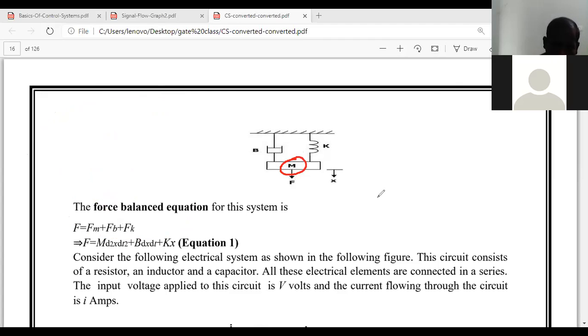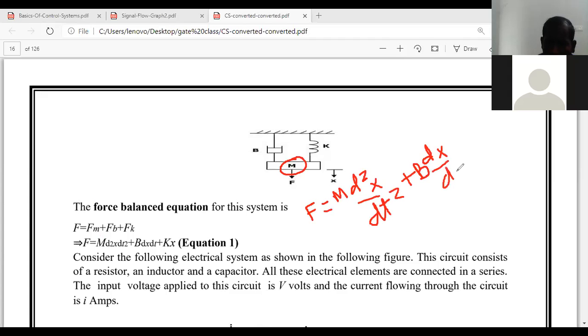So therefore, we can write the force balance equation, that is F is equal to m into d square x by dt square, plus b into dx by dt, plus k into x. Okay.